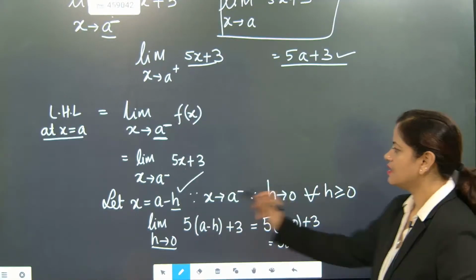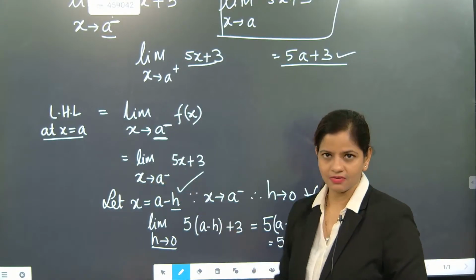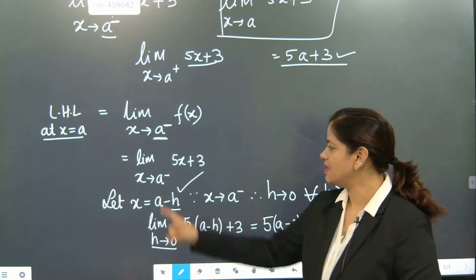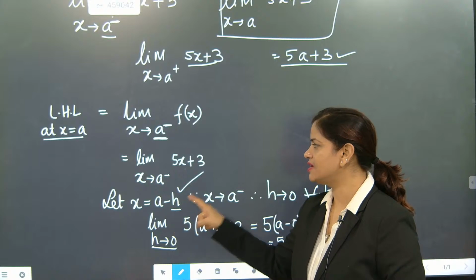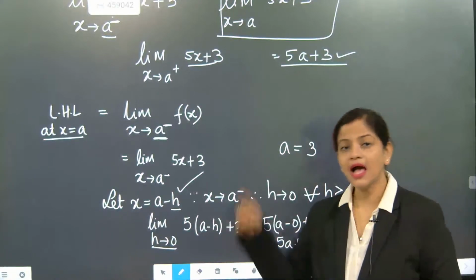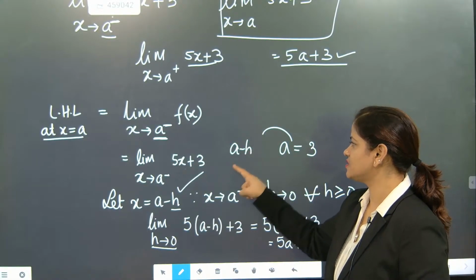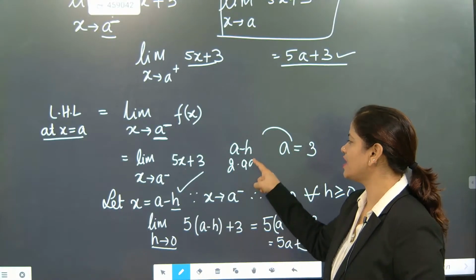See here, very clearly I wrote, I can't solve this one. So I am taking x equal to a minus h. Say exact a is 3. I am taking myself a minus h, that is 2.99.